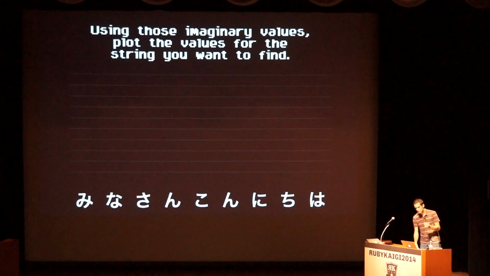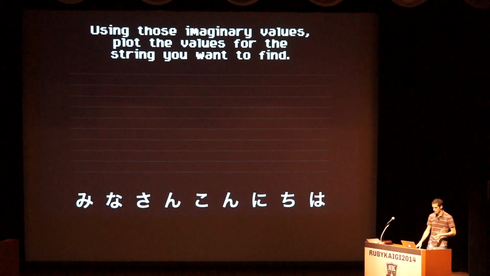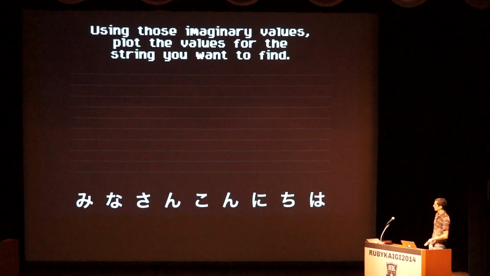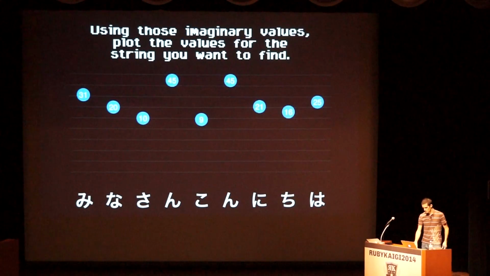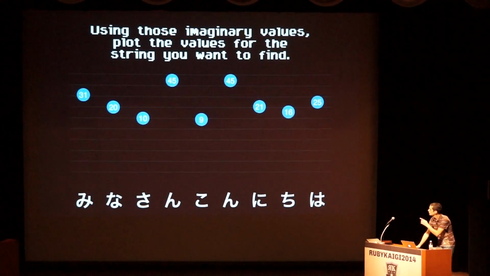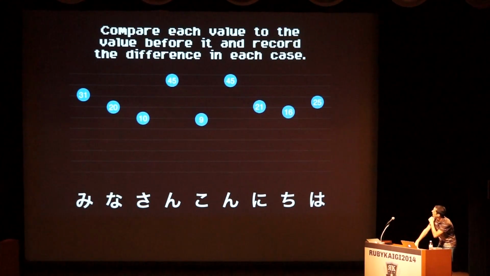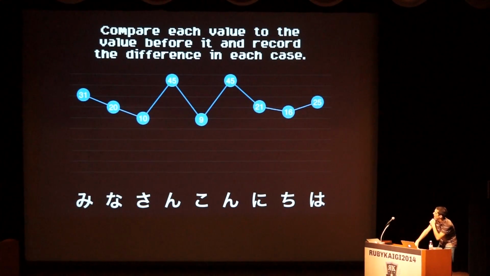So here's what we do. We take those imaginary values and we plot the values for a string that you want to find. Mina konnichiwa. And you then evaluate the difference. You see how those numbers relate to each other and calculate the difference.